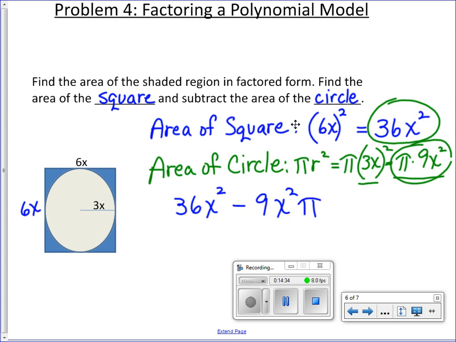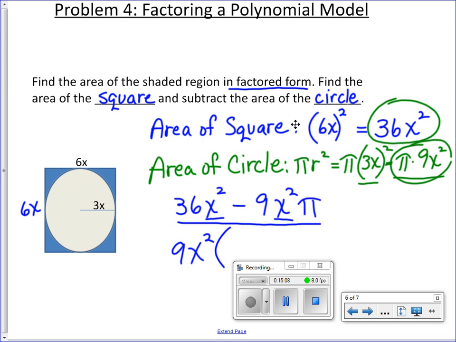Now, it says find the area of the shaded region in factored form. So we want to take this expression right here and factor it. Well, what you will notice, 36 and 9 have a common factor of 9. There's also an x squared in the first term and an x squared in the second term. So I'm going to take out an x squared. So 9x squared is going to be our greatest common factor.